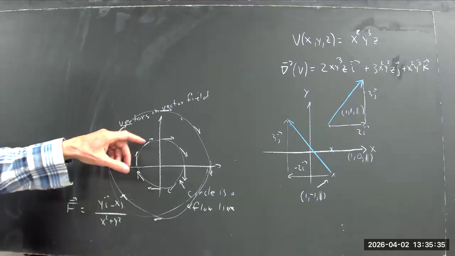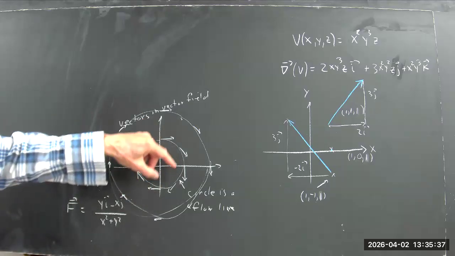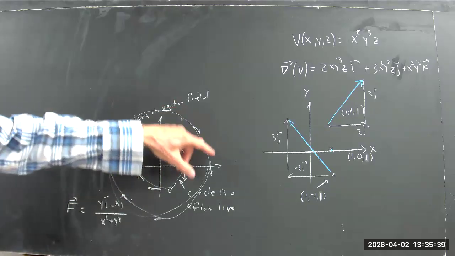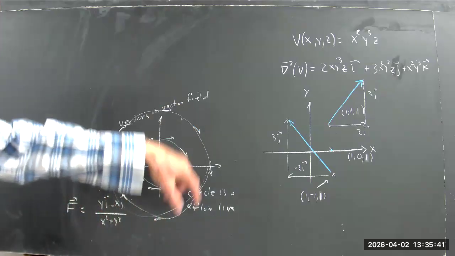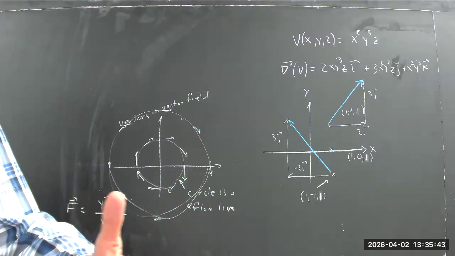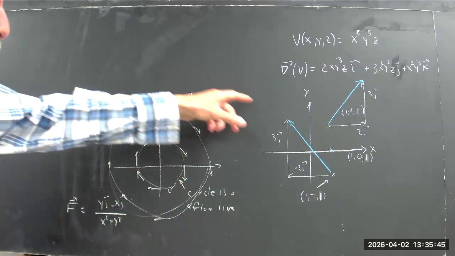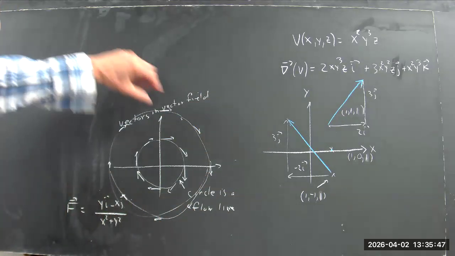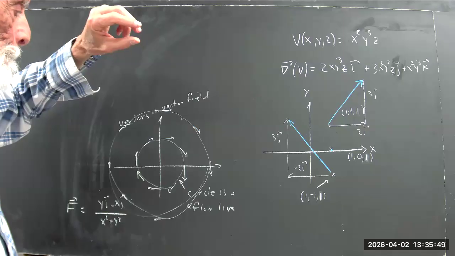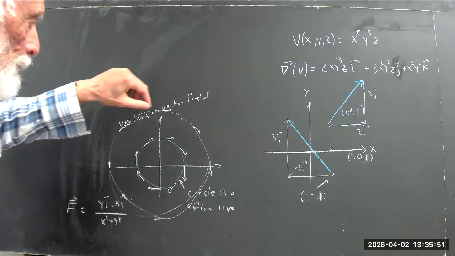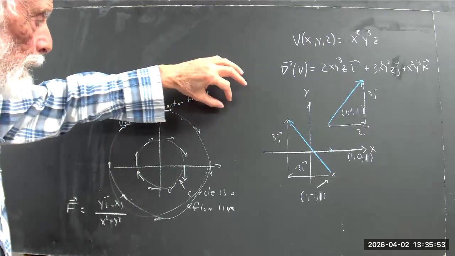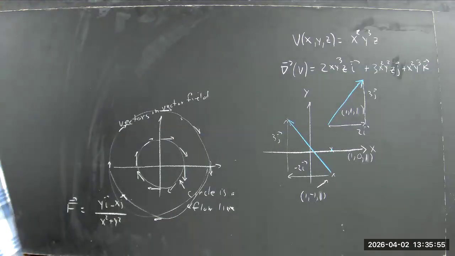So you can visualize a bunch of flow lines going around here, a bunch of flow lines going around here, but slower flow, and then a bunch of flow lines around the circle outside. The flow lines are the circles. The vectors are going to decrease in magnitude as you go out.